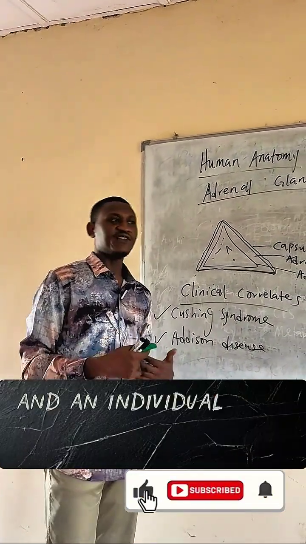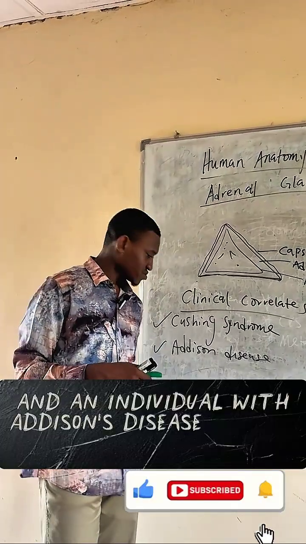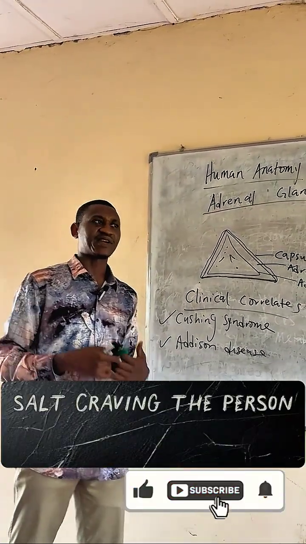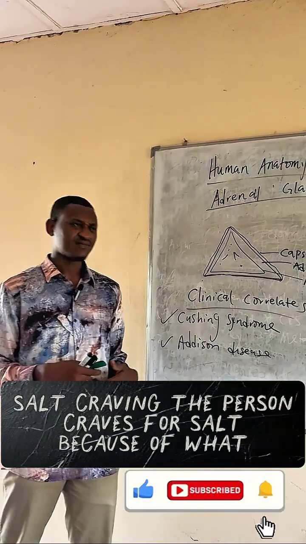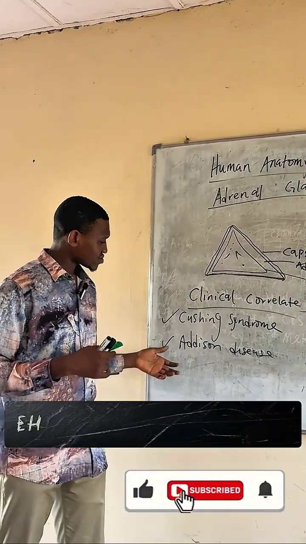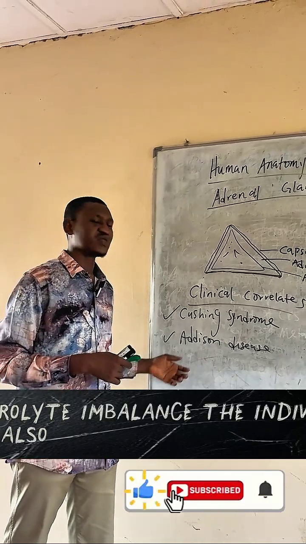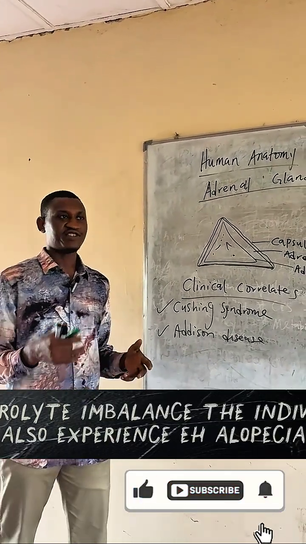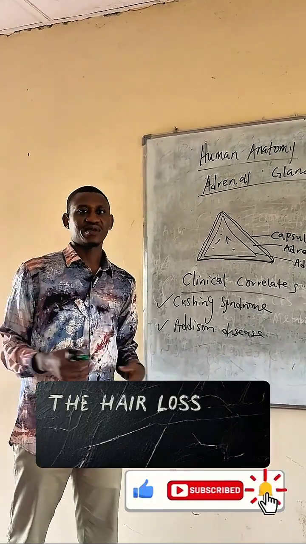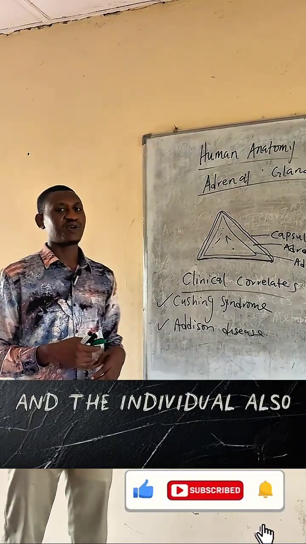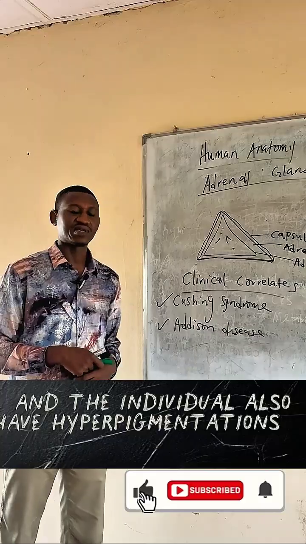And an individual with Addison disease usually suffers from what? Salt craving. The person craves salt because of electrolyte imbalance. The individual also experiences alopecia, the hair loss, and also has hyperpigmentation of the skin.